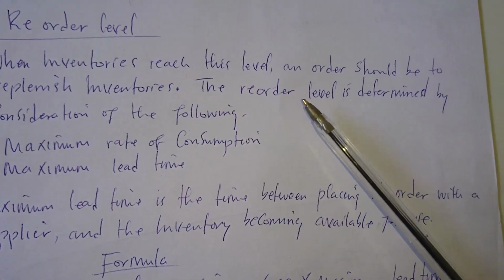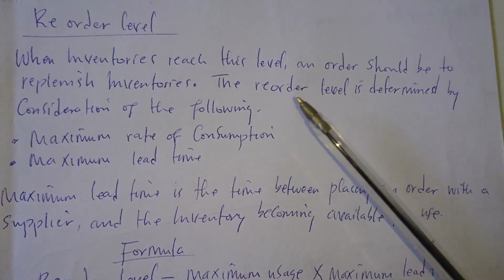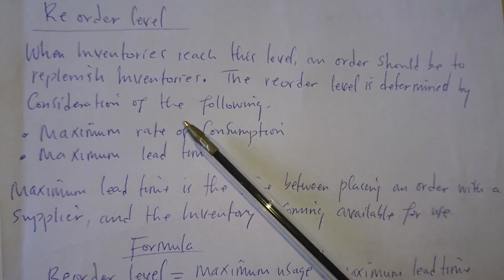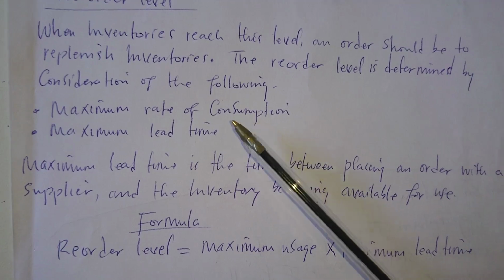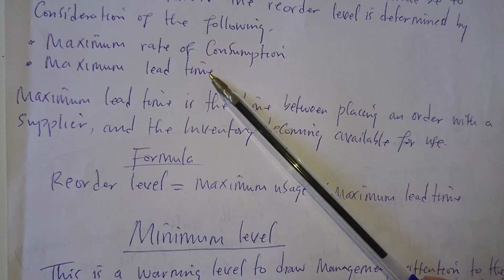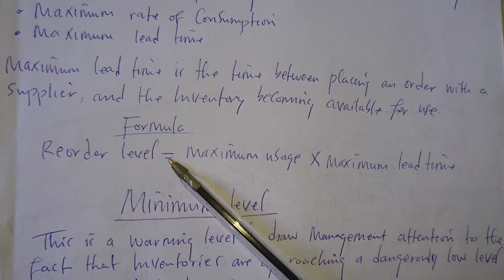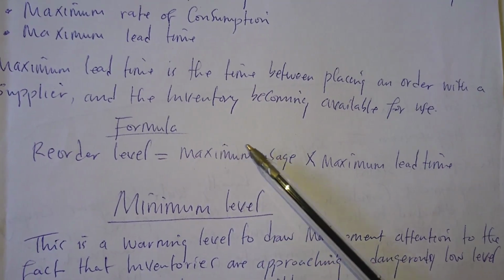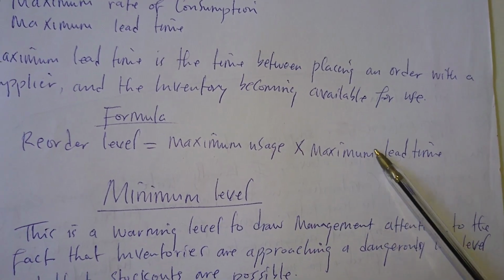The reorder level is determined by consideration of the following: maximum rate of consumption, maximum lead time. Okay, we'll understand this when we come to use the formula. So the formula for reorder level equals maximum usage multiplied by maximum lead time.